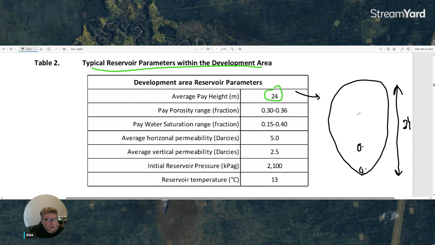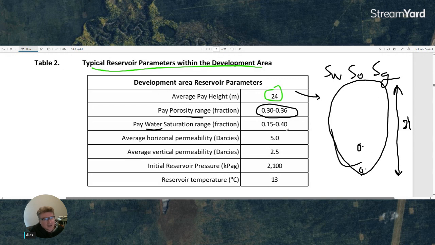The porosity range within the steam chamber, or within that pay area, is about 30 to 36%. So 0.3 porosity. And water saturation is between 0.18 to 0.4. So you will have an SW value, an SO value, and an SG value. Those are the various saturations in the pay.